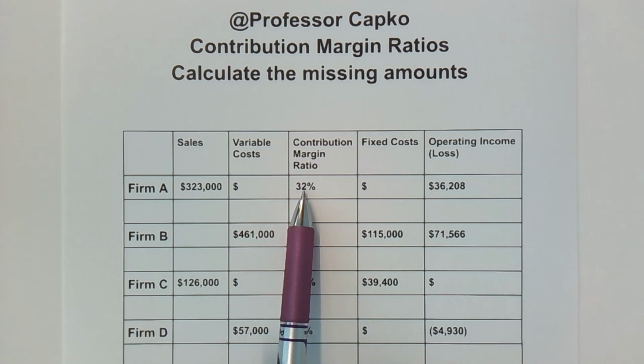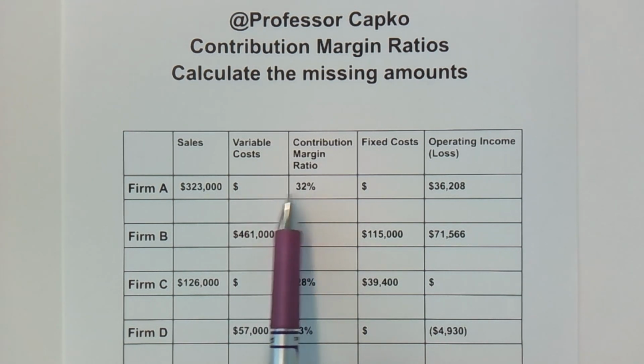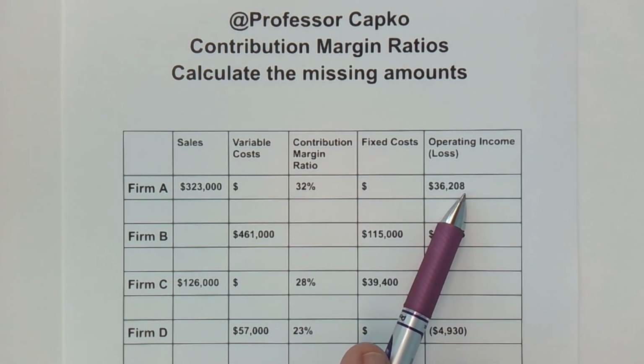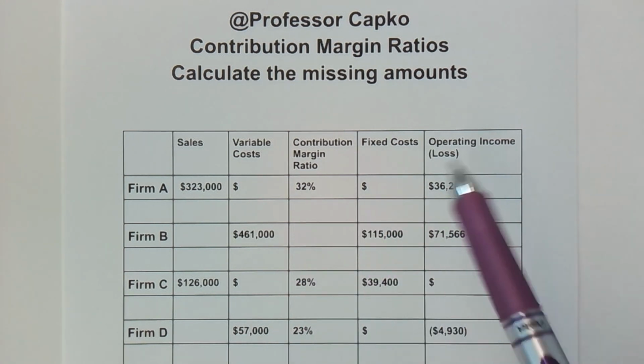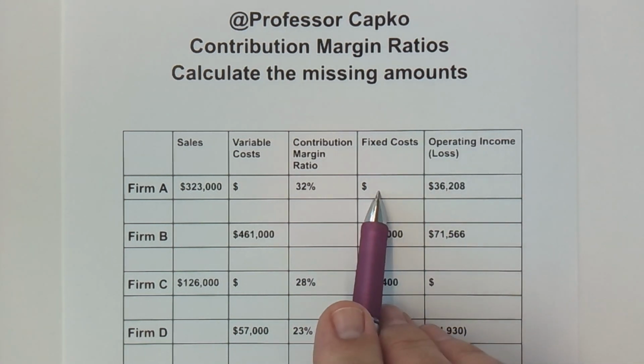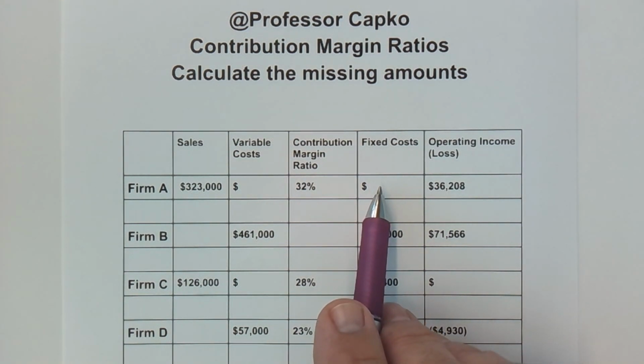Then we have a contribution margin ratio of 32%. That means of the sales, 32% of it goes toward our operating income. So 32% is our contribution margin ratio for firm A. We don't know what the fixed costs are, and we're going to need to find those, but those are known as fixed costs because they don't change.